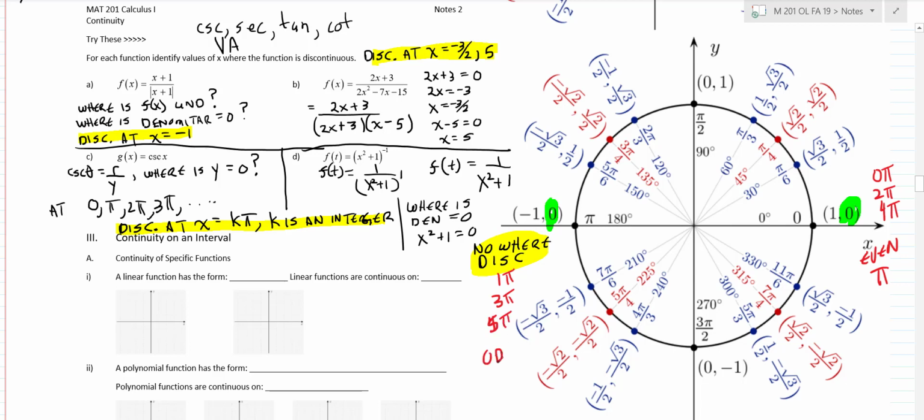So I think of that as odd pi. Okay, so that's how that goes. So this is at every pi. All right, so every time you hit a pi, then y is 0. Okay, on a unit circle. So we would say it's discontinuous at x equals k pi, and k is an integer. Remember, integers are 1, 2, 3, 0, -1, -2, and so forth like that. Okay, so that's how you figure that out.